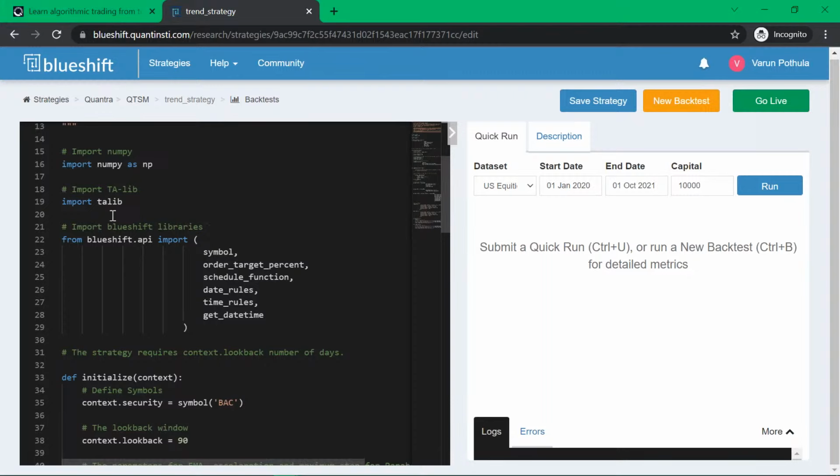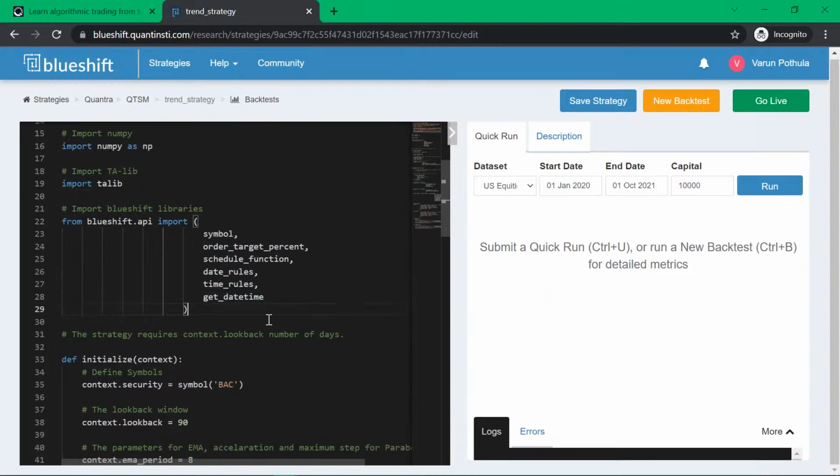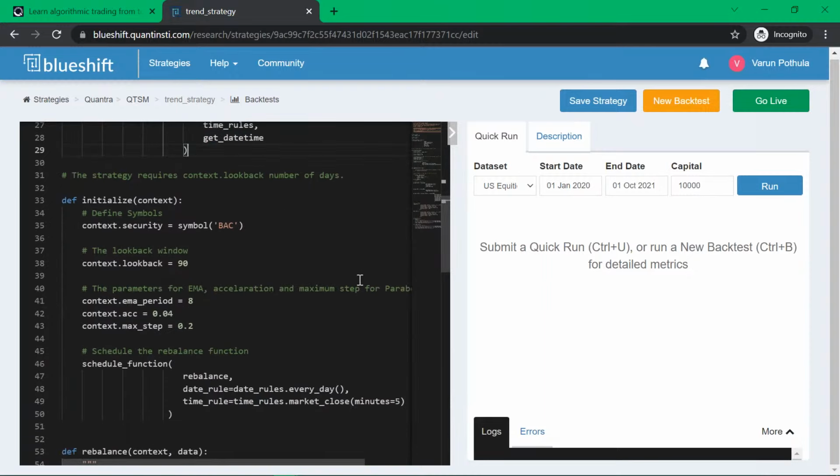But there are a few libraries you need to import so that Blueshift will connect to this algorithm. So we are importing the required Python modules that are going to help us create this strategy. And this exercise we are going to do on Bank of America. Previously we have done it on gold and we have got our results. Now we will do the backtesting on Bank of America, and let's see how the strategy performs.